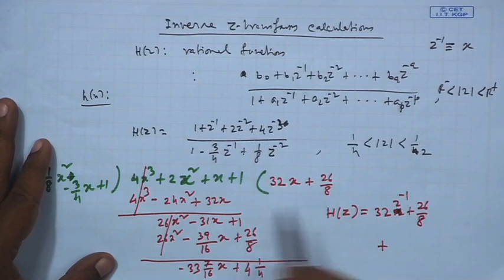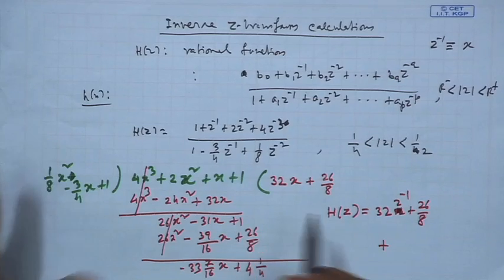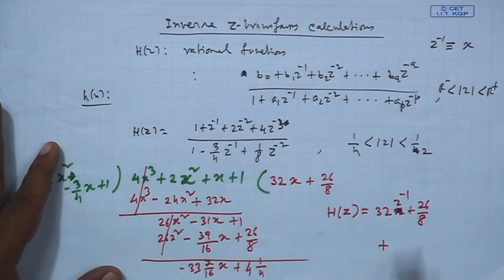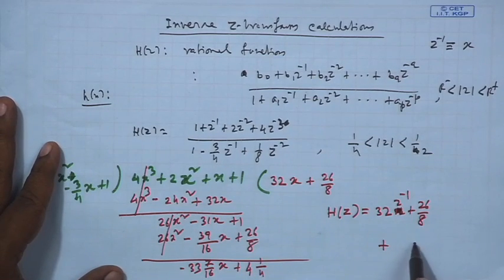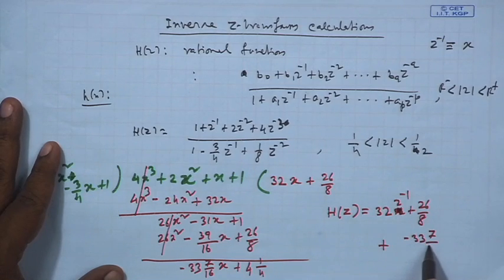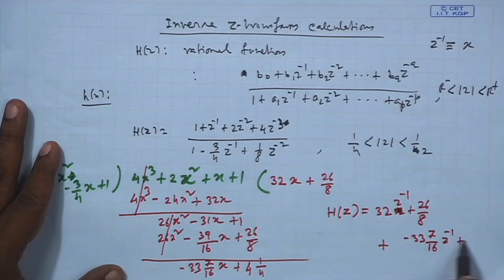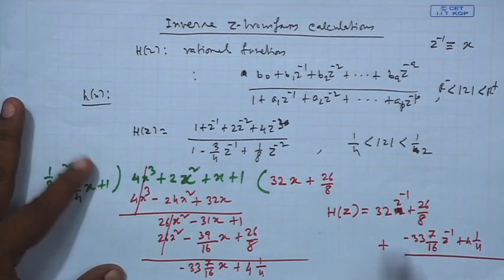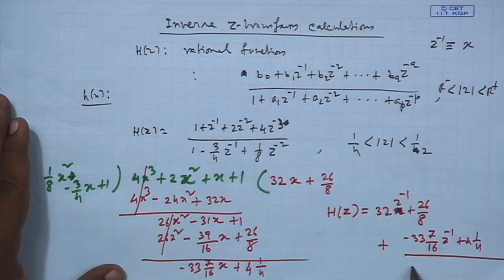The numerator is the remainder part, that is minus 33 Z inverse plus 4 1 by 4, divided by the denominator which is the same, that is 1 minus 3 by 4 Z inverse plus 1 by 8.